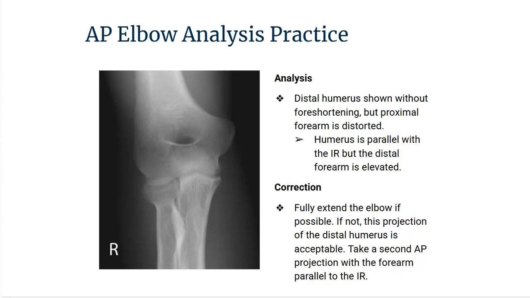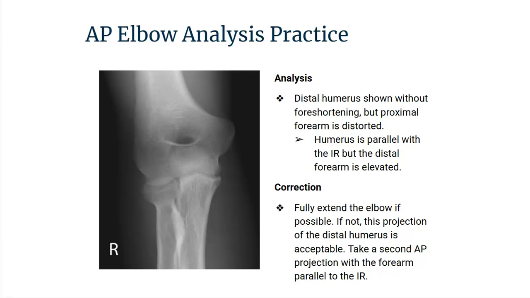Unfortunately, I don't have an image of it, but conversely, when the forearm is positioned parallel to the IR and the proximal humerus is elevated, the projection will reveal an undistorted distal forearm, an open elbow joint space, and a foreshortened distal humerus.